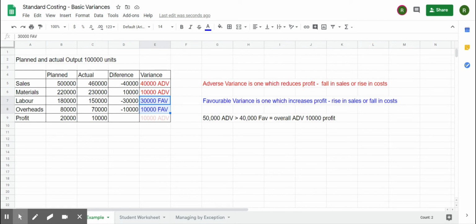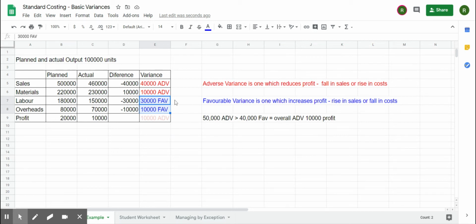A bit later on in this topic, we will have to consider what would happen if output changed, but clearly it would be unfair, for example, on the buying department of a business if the actual number of units sold is decreased, if they were to be criticised or potentially lose bonuses because they were not responsible for that decline in value. Although here, sales have gone down, materials have gone up, so you would be looking and thinking, well, there might be a problem here in the purchases department anyway.